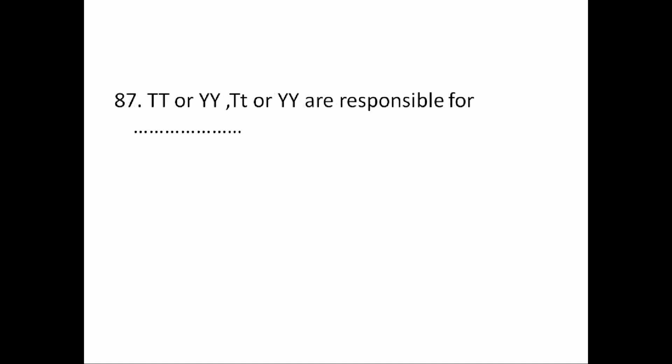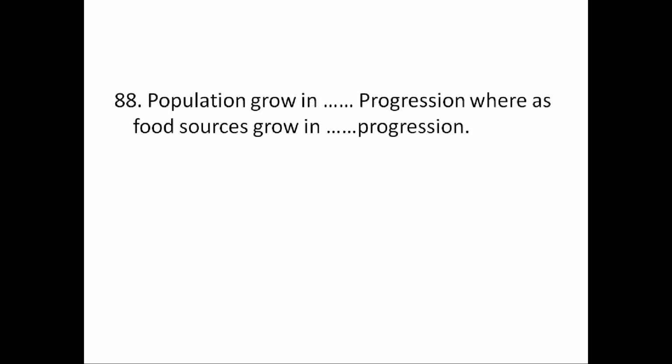Capital T or capital Y, capital T, small t or small y are responsible for dominant character. Population grows in ___ progression, whereas food sources grow in ___ progression. Geometrical and arithmetic.